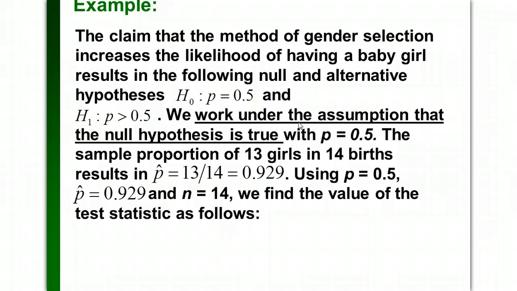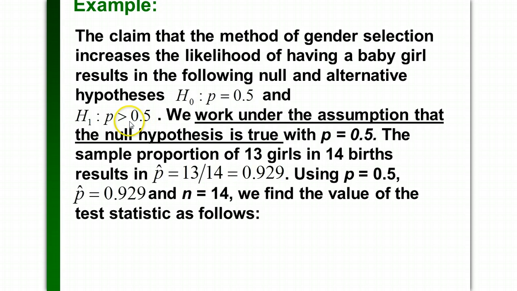Remember, we have to have one of them equal when we do a hypothesis test. So our null hypothesis is that the proportion of the population of people who do this procedure that have a girl is still 50%, 0.5. And the alternate hypothesis, remember, is the one that we want our claim to be, or that this company would want their claim to be. They're claiming that it's greater than 50%.